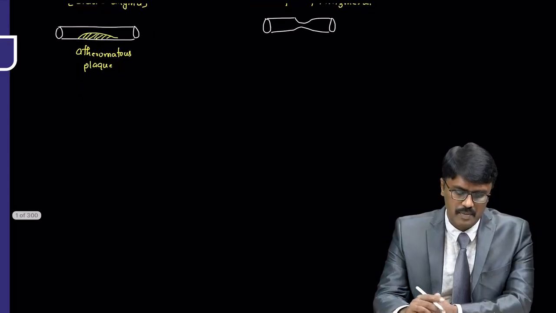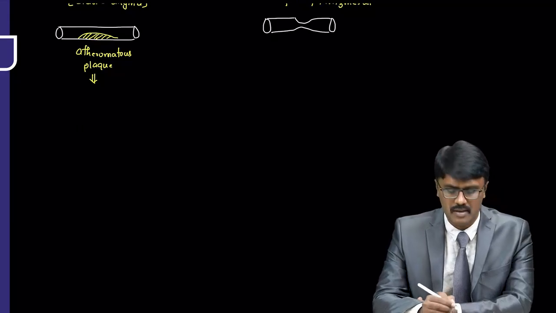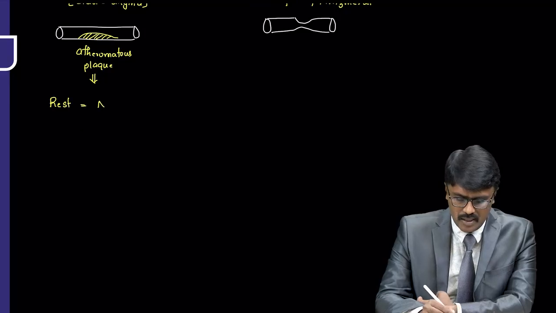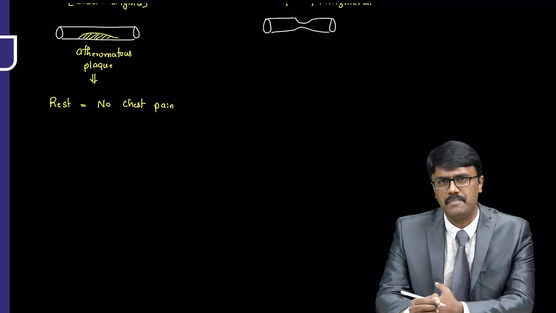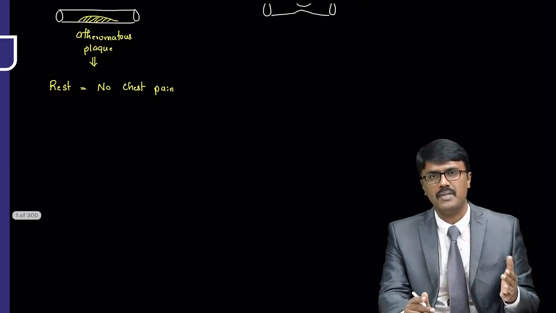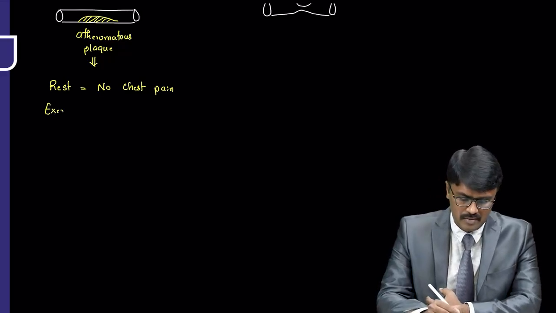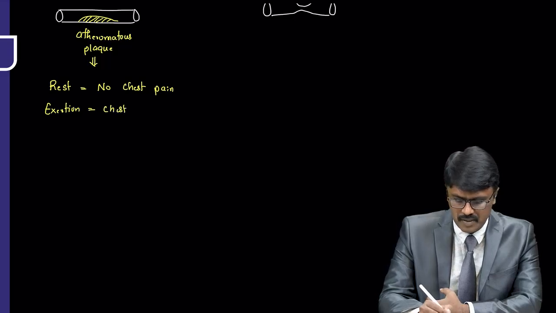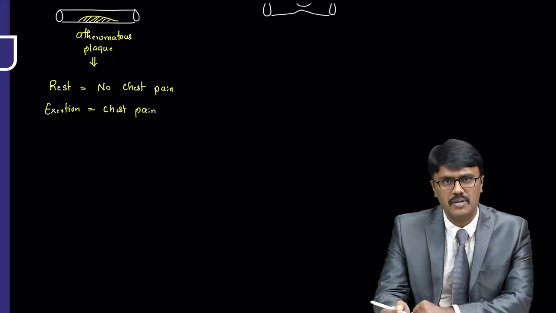Now, what happens in atheromatous plaque or classical angina? When the patient is taking rest, he doesn't have chest pain, no chest pain. But when he goes for a walk, he climbs a stair, that is called exertion, then he starts having chest pain, and that is what we mean by angina pectoris.